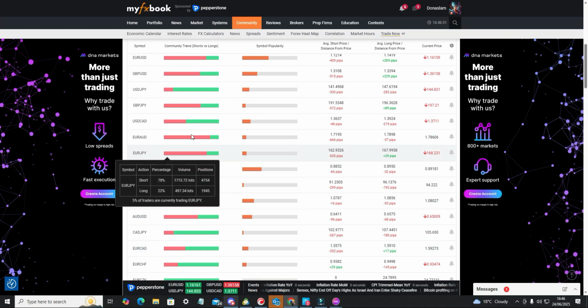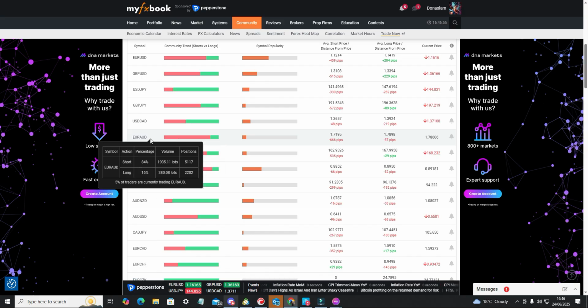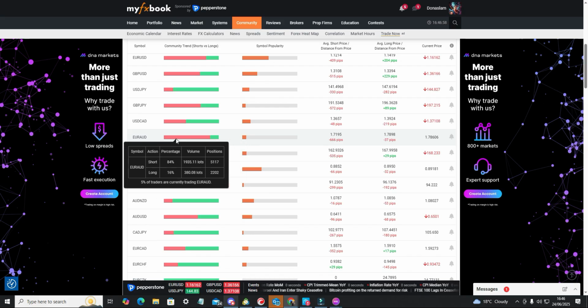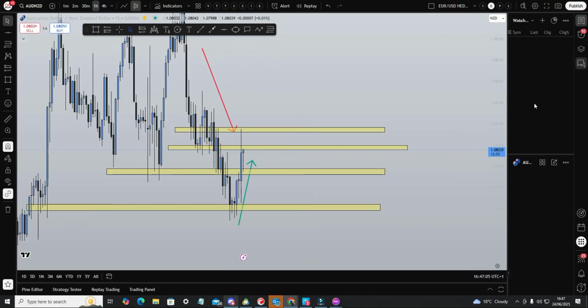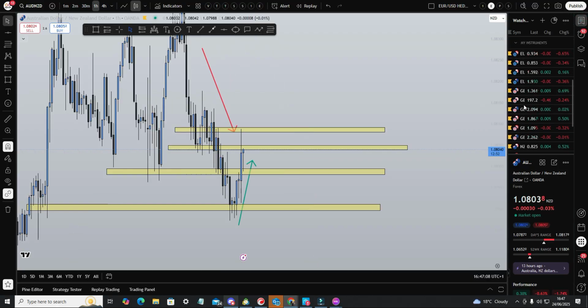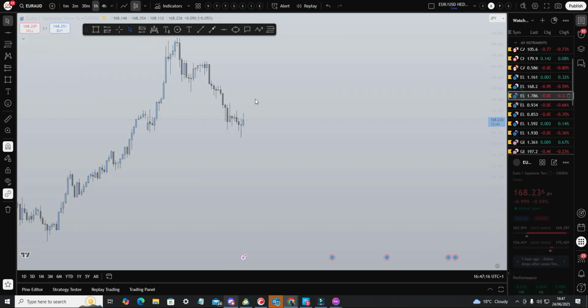Let's just pick out another example. Okay, the majority of the people on euro Australian dollar are selling, going short on euro AUD. So let's grab this as an example as well. I try to have this in alphabetical order, so I always get lost looking for these.